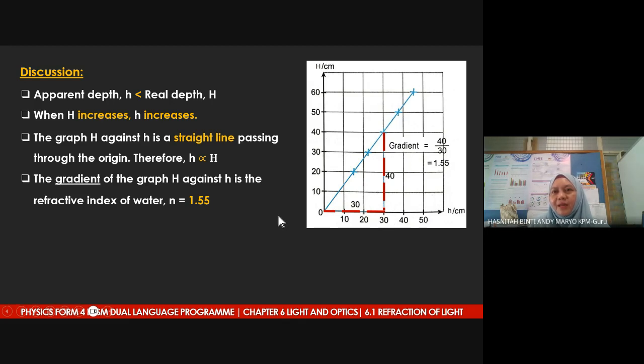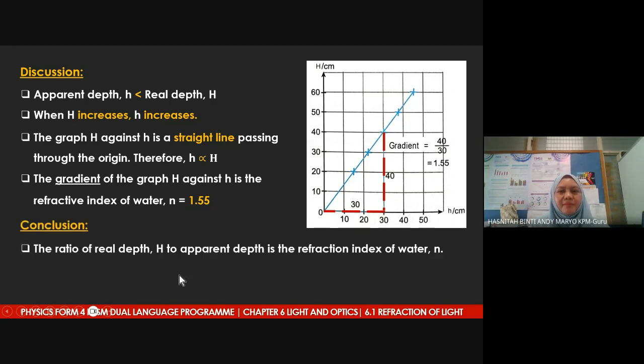Here is 40 and here is 30, so we divide and get 1.55, right? So what is the conclusion? The ratio of real depth to apparent depth indicates the refractive index of the water, which from this experiment is 1.55.